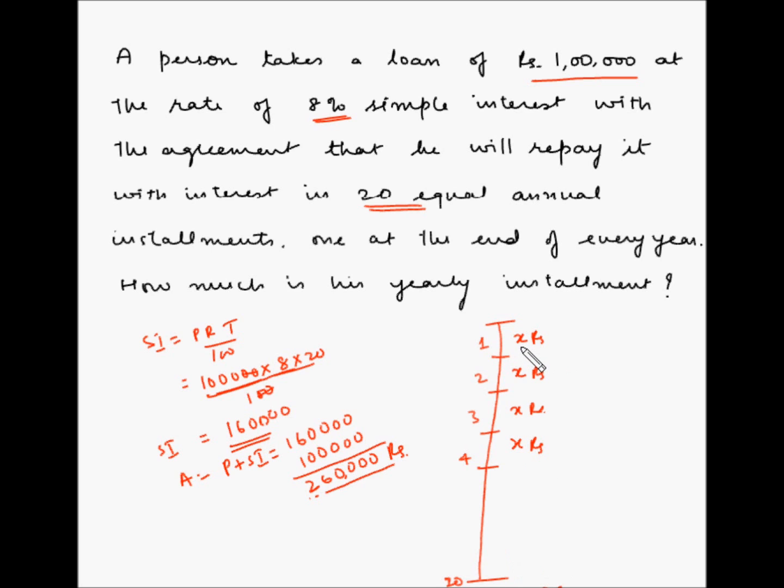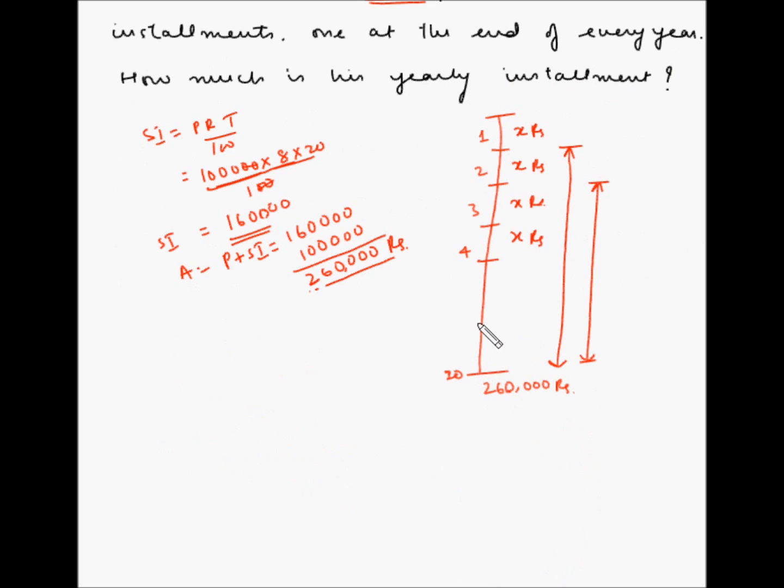Now for the first installment that he is paying at the end of first year, he is avoiding the interest for the remaining 19 years. Similarly, for the second installment, he is avoiding the interest paid on the remaining 18 years, and so on for all the remaining years.